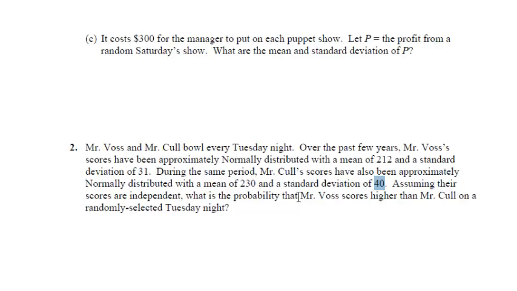So when I'm looking at it, the probability is giving me 0 and less. Remember that chart, it's giving you 0 and less. What we're looking for is 0 or greater. We want Voss's scores to be higher than Mr. Cole, so when we subtract them, we want to get a positive number. We want to get higher. So you actually have to take that number and subtract it from 1 so you can get the greater than portion of the graph. Maybe that will help you with your corrections.